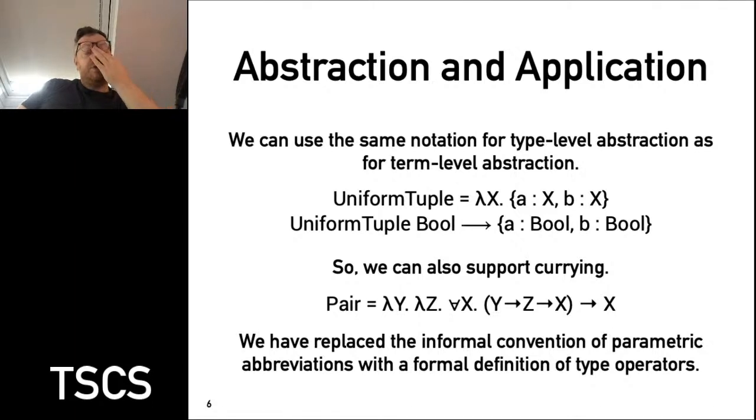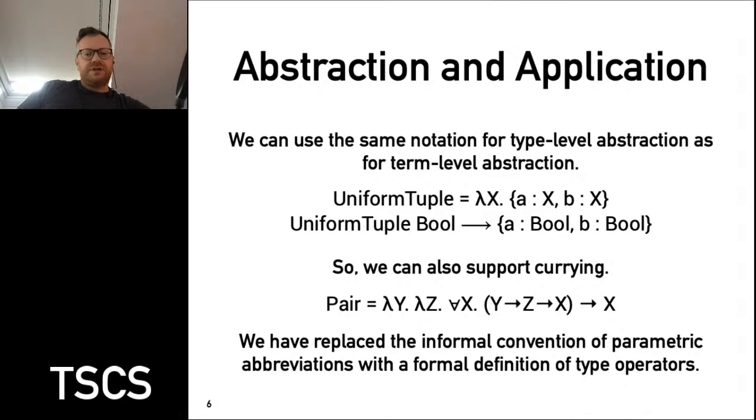Then we can use a lambda function that takes a type and constructs a new type, which is a record type using this type variable. When I apply it to bool, the result of that application is a record type of bool, bool.